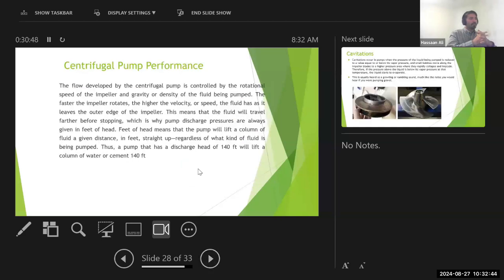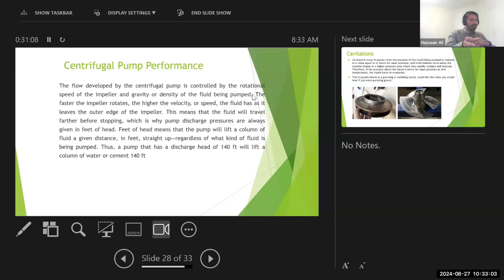One of the things which I mentioned earlier in the presentation was that the performance of the centrifugal pump is affected by certain factors. These factors can be controlled very easily by either increasing or decreasing the RPM of the pump.